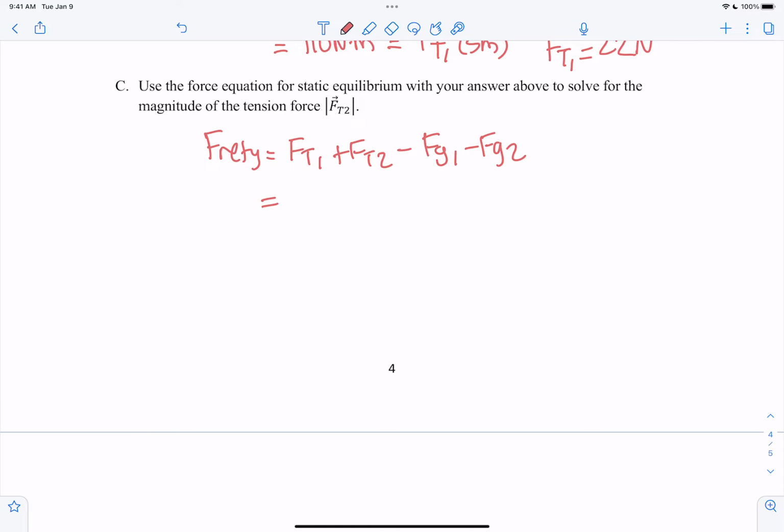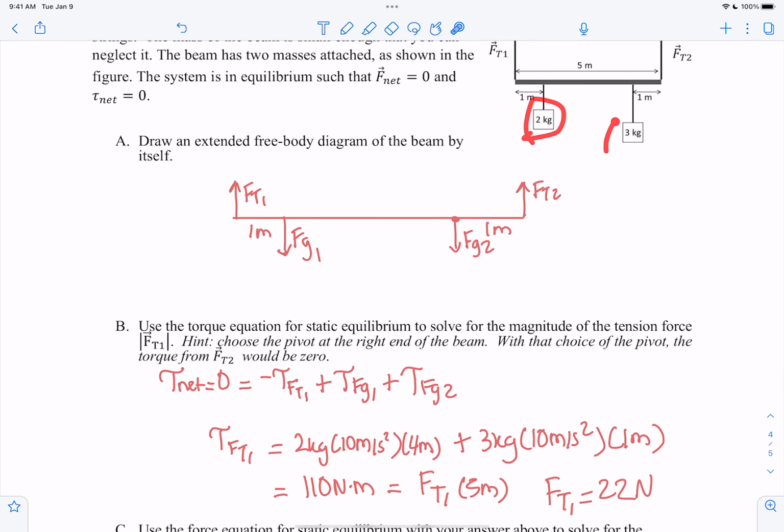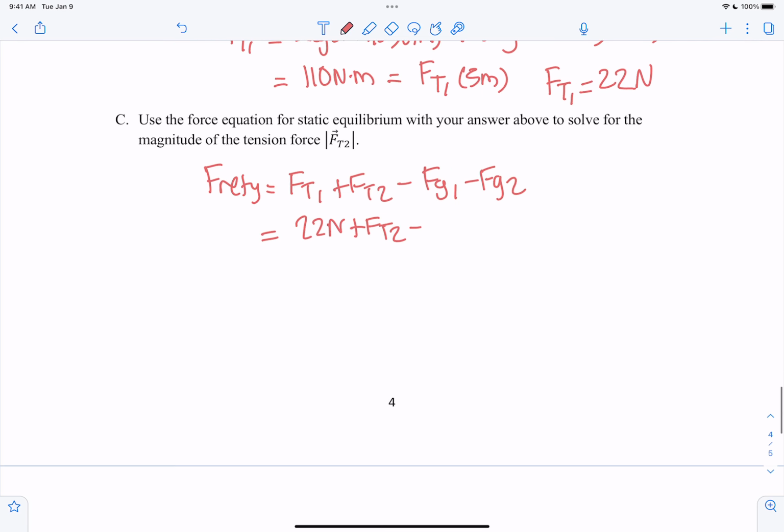We already determined FT1 to be 22 newtons, and we want to figure out FT2. FG1 will be 20 newtons and FG2 will be 30 newtons, because it's 2 kilograms times 10, and 3 kilograms times 10. So minus 20 newtons minus 30 newtons, right? They want us to figure out the absolute value for FT2. You're going to end up with FT2 as 22 minus 50, so you'll get 28 newtons for FT2.